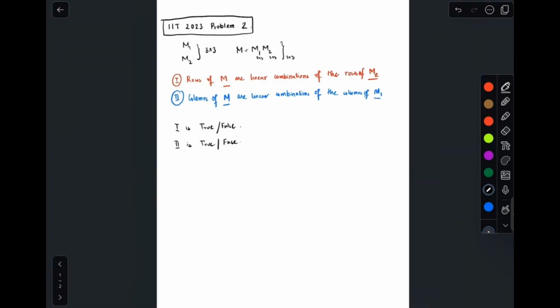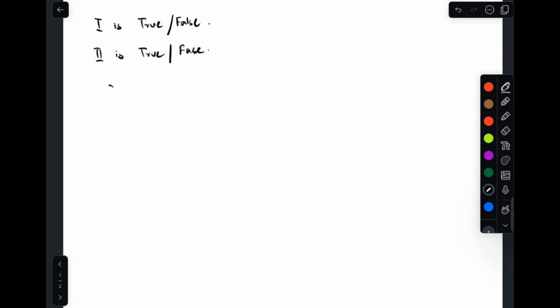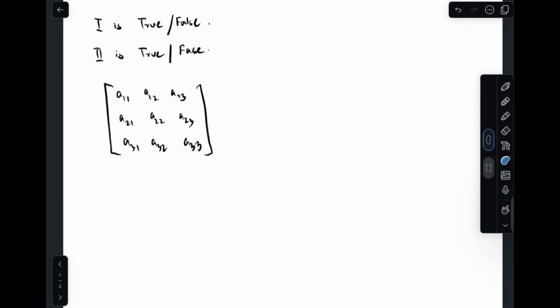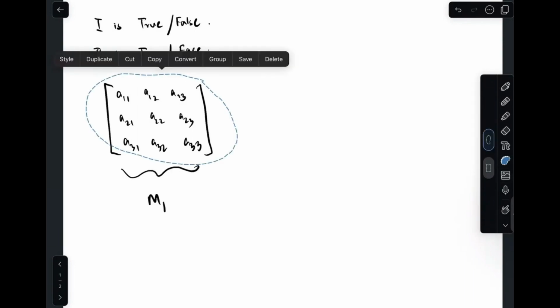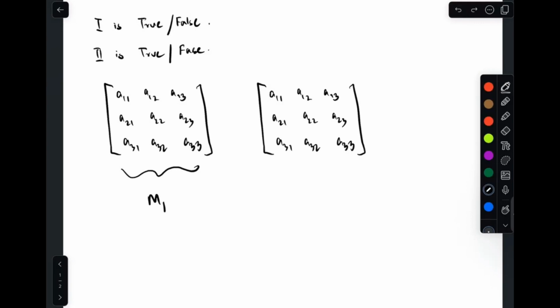What you can do is the following. You can just write down a matrix A11, A12, A13, A21, A22, A23, A31, A32, A33, and similarly another matrix B1, B2. This is M1, let's say, and another matrix, let's make it with a dash.